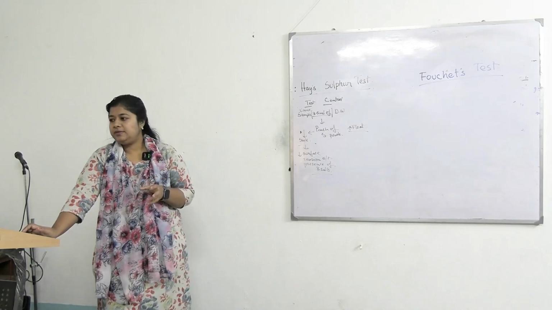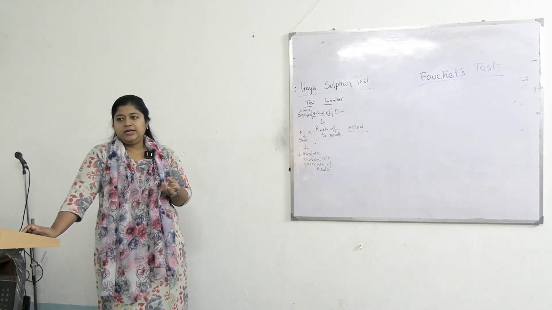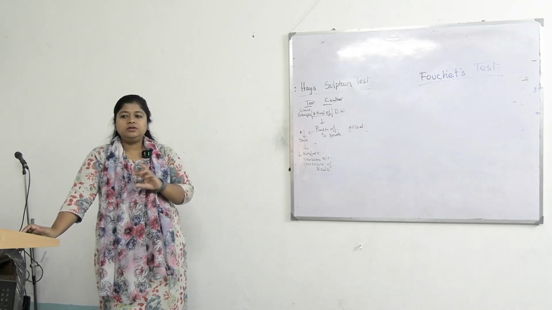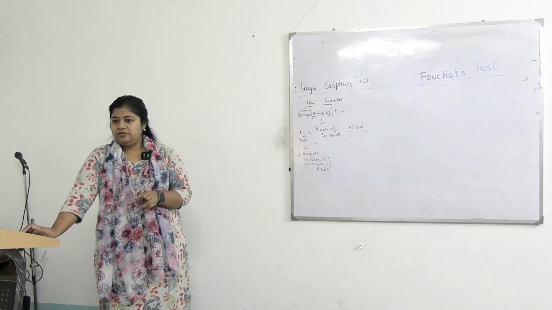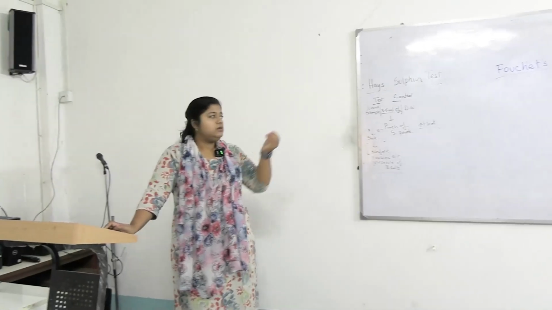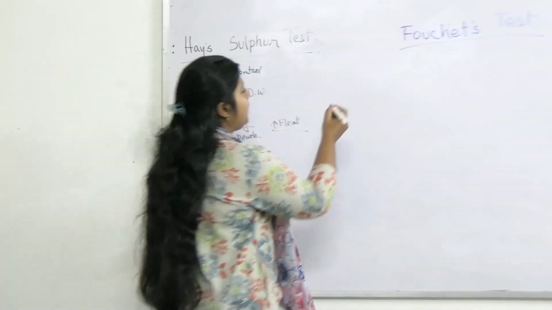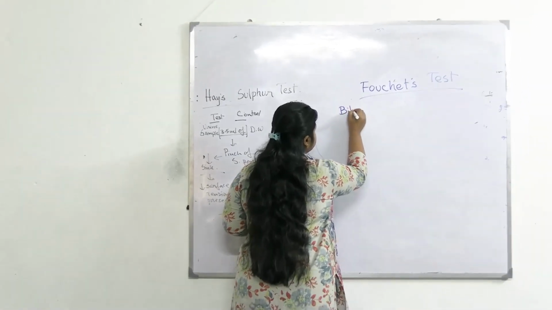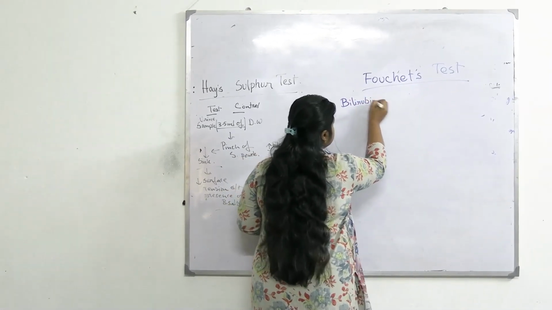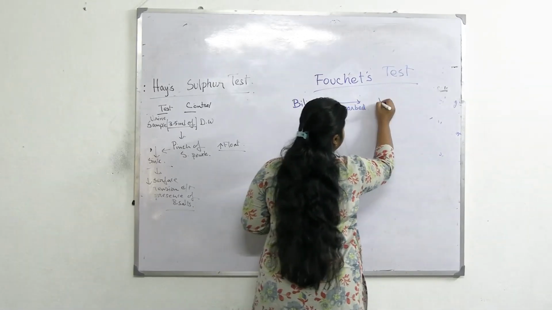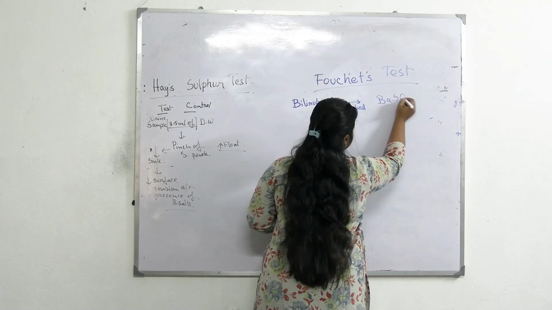And how do we get barium sulfate? We add barium chloride solution and magnesium sulfate powder. So this will be converted into barium sulfate white precipitate, and the bilirubin present in the sample will be adsorbed onto that white powder of barium sulfate. So if we write it, bilirubin will be adsorbed in barium sulfate.